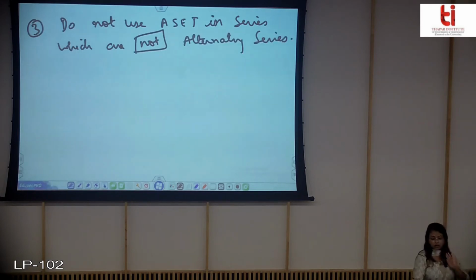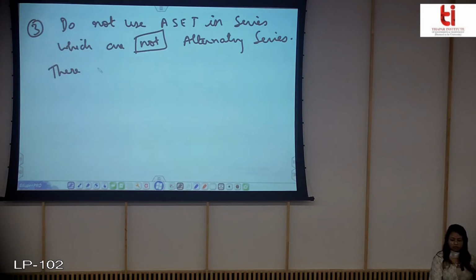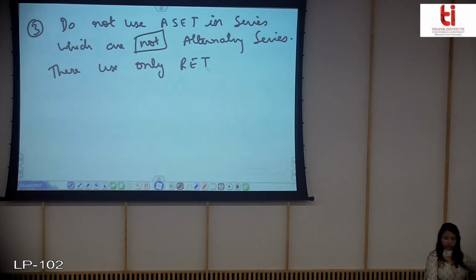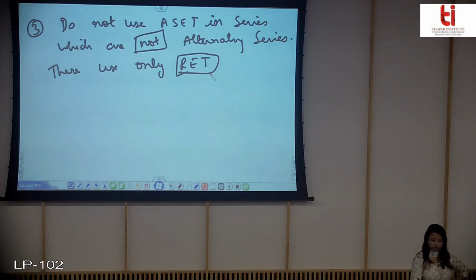There use only RET. So which is not alternating, this is correct, this do not apply. So these are the important notes you have to keep in mind. So let us do a few more questions which we can only solve by this RET.